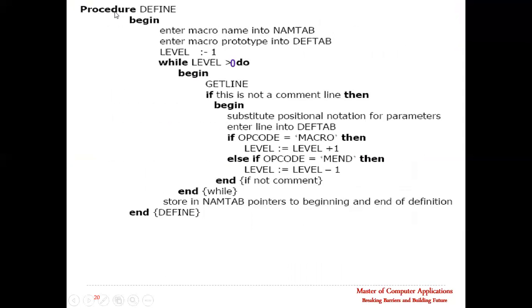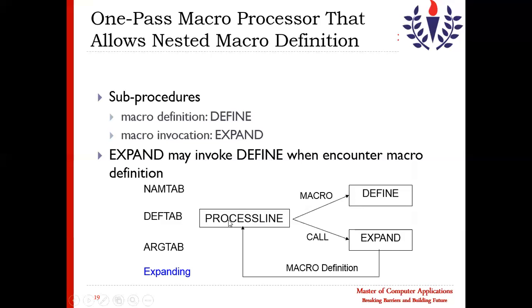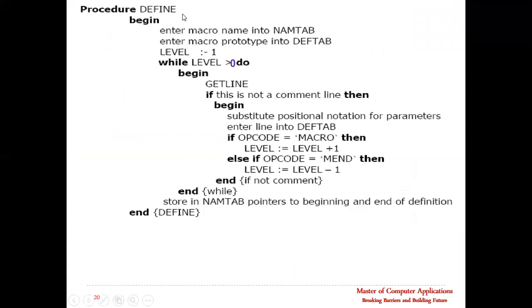So the first procedure will be define. Going by the previous slide, up to this process line there is define, expand, and expand will again call the macro definition. So now that procedure is define, and it will begin by entering the macro name in name tab if a new definition occurs, and entering the macro prototype in definition tab.